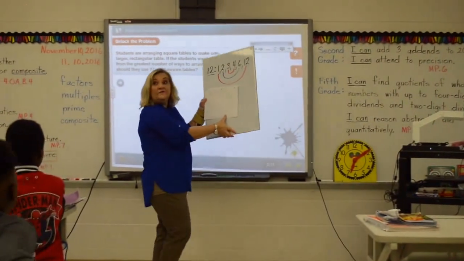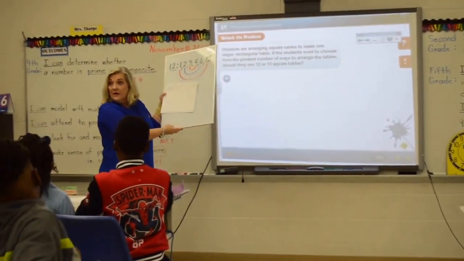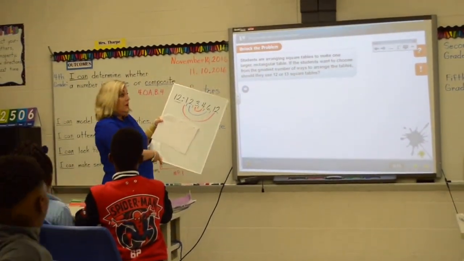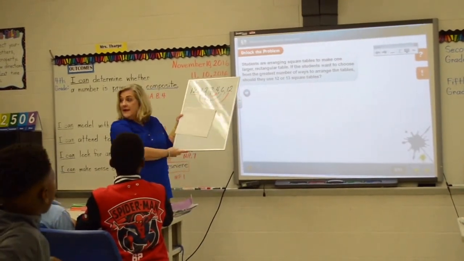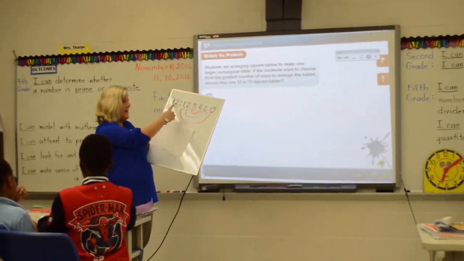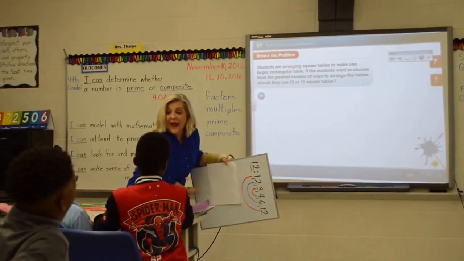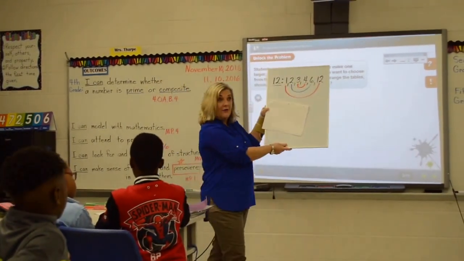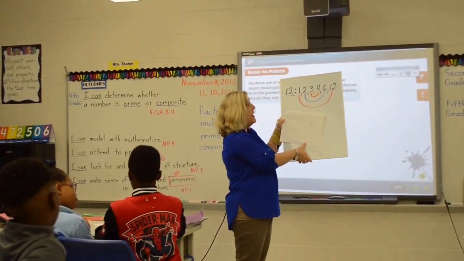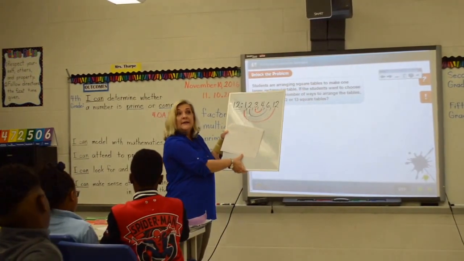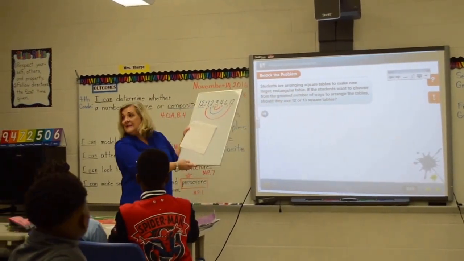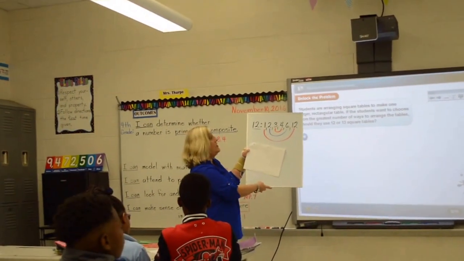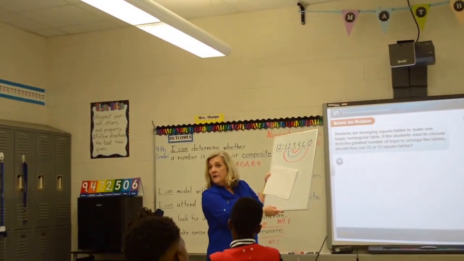So, here's your factor rainbow for 12. 1 times 12 can make an array. Yes. 2 times 6 can make an array. Yes. If I ask you to list the factors of 12, they would be 1, 2, 3, 4, 6, and 12.